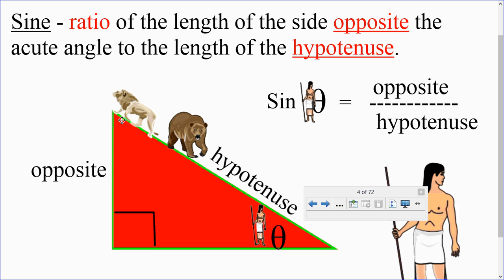So here, the dangerous side of the mountain is called the hypotenuse. Notice the lion is up there, there's a bear. How do we identify it on this right triangle?